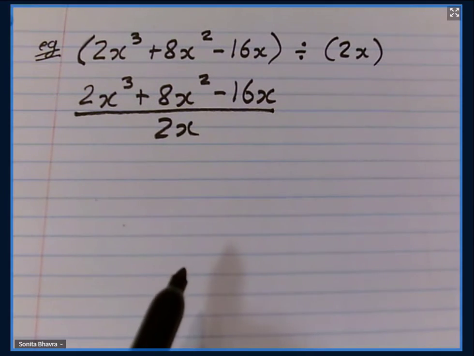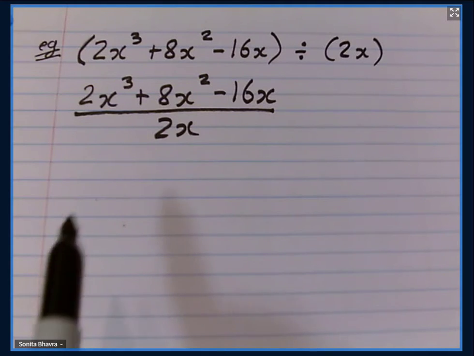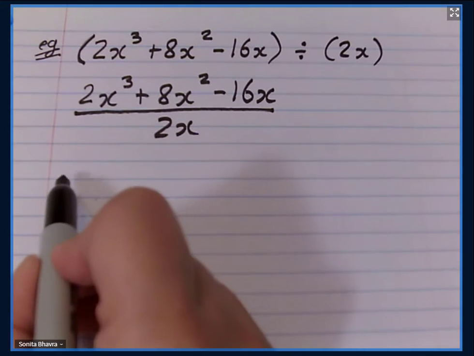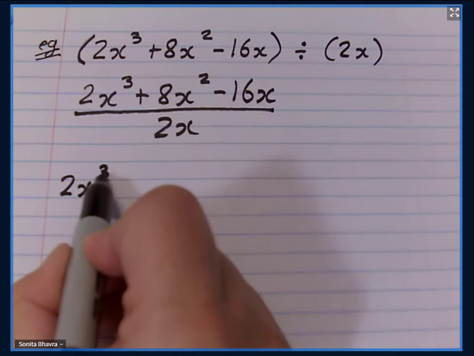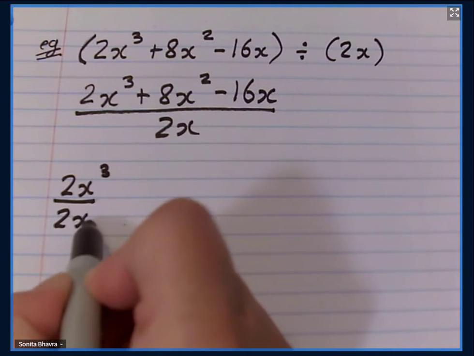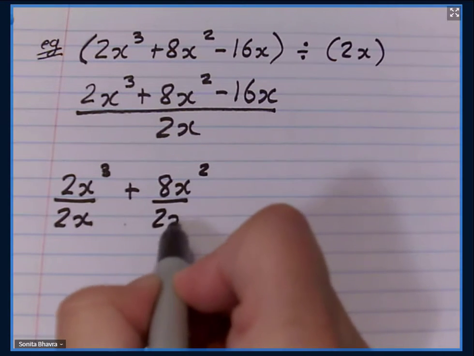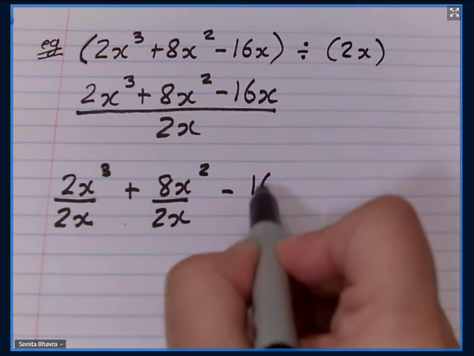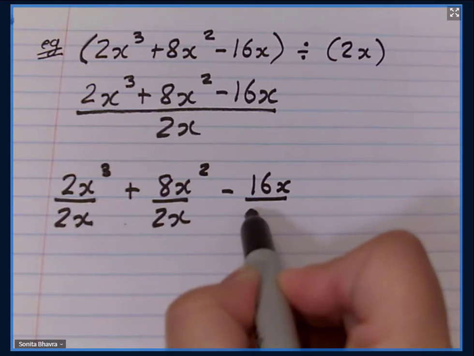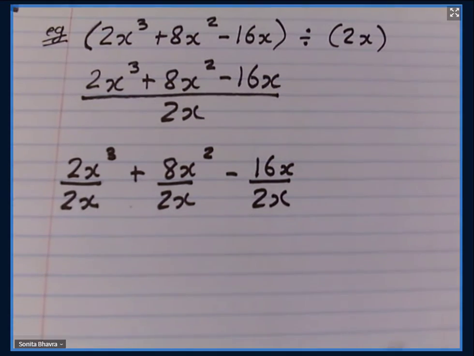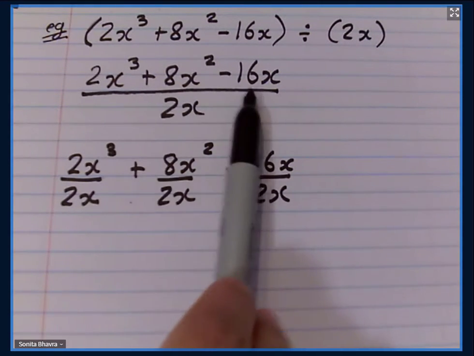Then I'm just going to rewrite this again just to show that each term is being divided by 2x. So 2x cubed divided by 2x plus 8x squared is being divided by 2x, and minus 16x is being divided by 2x. That just shows that each term is being divided by 2x.